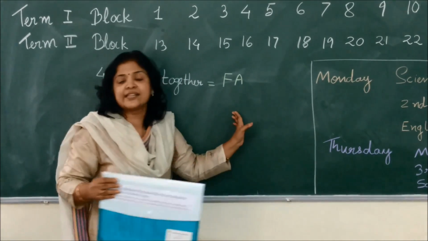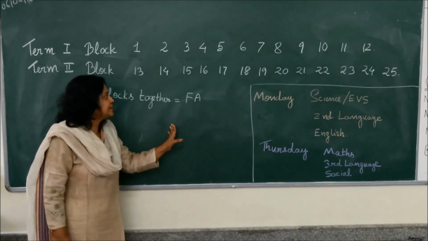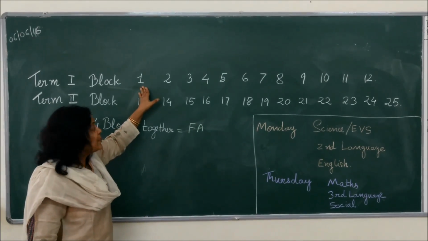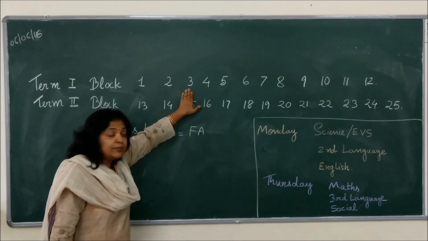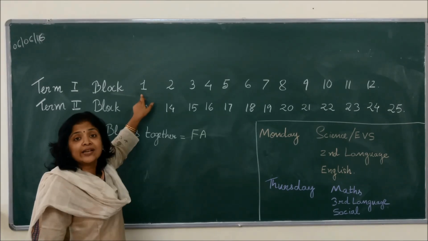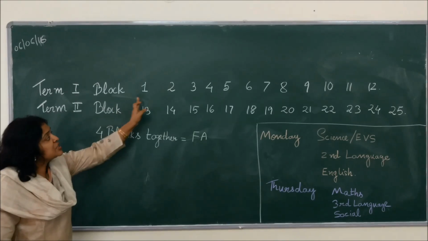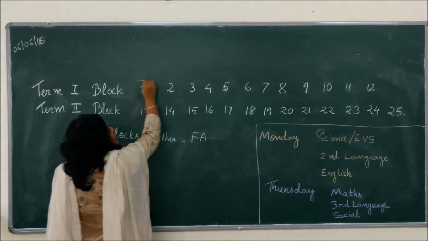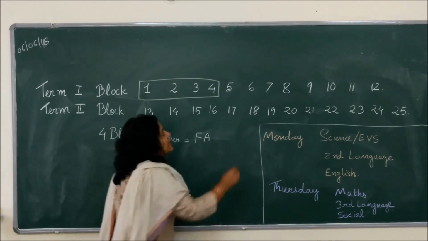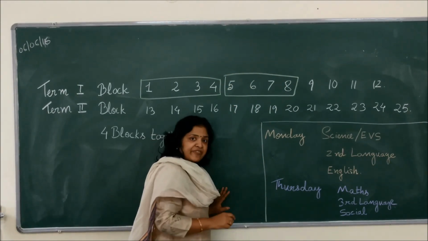Now let us understand how these FAs will happen for first, second and third standard. Suppose you have the first, second, third and fourth block assessments. All these 4 block assessments will be considered for one FA. So the first 4 block assessments will be for FA1 in the report card. The second 4 block assessments will be for the next FA.